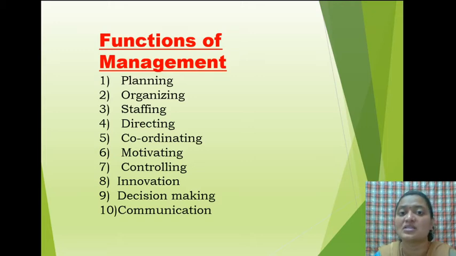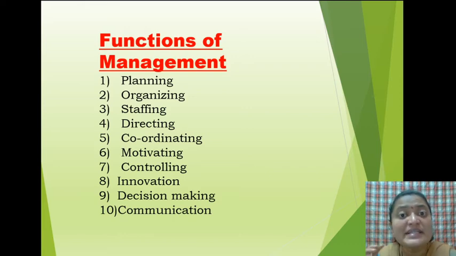That is called organizing, like how you organize different programs or functions. As we study the functions of management, you have to go point-wise. The first main function was planning. You need to plan properly, and after planning comes organizing, meaning arrangement of the different tasks or different work.